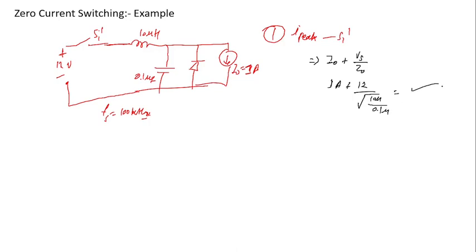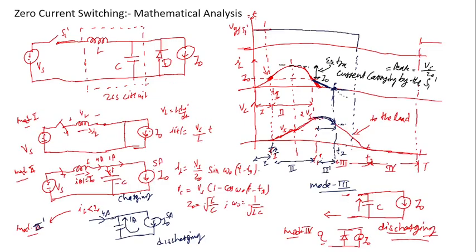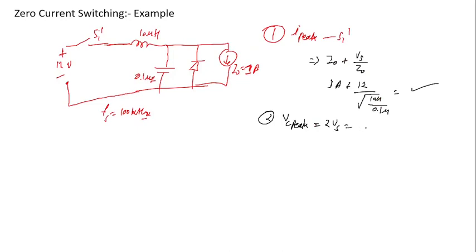We can calculate it. Now the next question is what capacitor peak voltage will be achieved by this circuit. Let me go back to the waveform configuration. Here we can see that at mode 2 prime, the capacitor voltage becomes twice Vs, so the answer is straightforward: 2 Vs, and 2 multiplied by 12 is 24 volt.